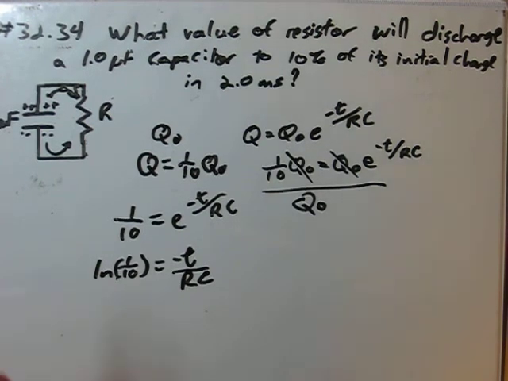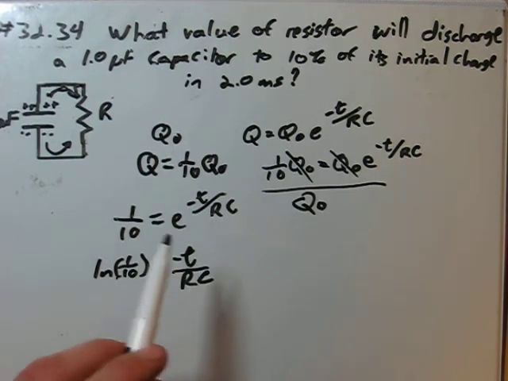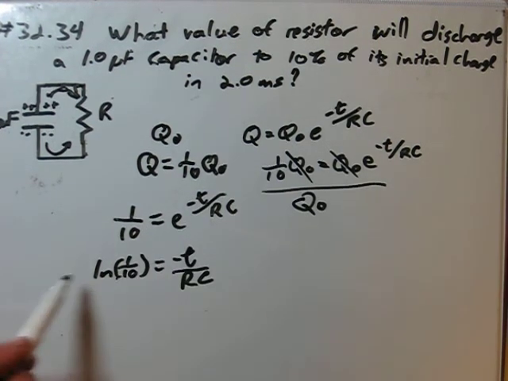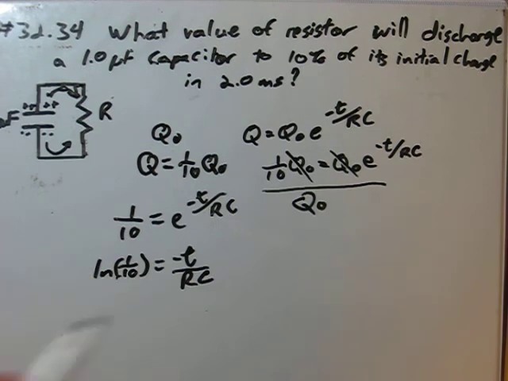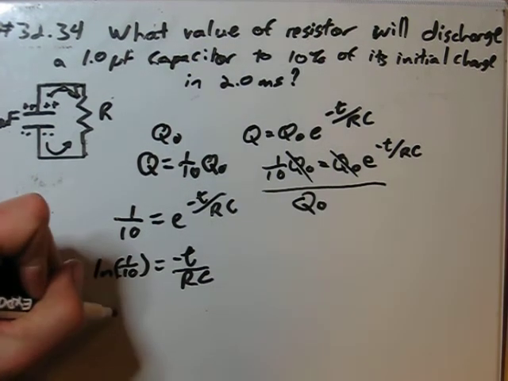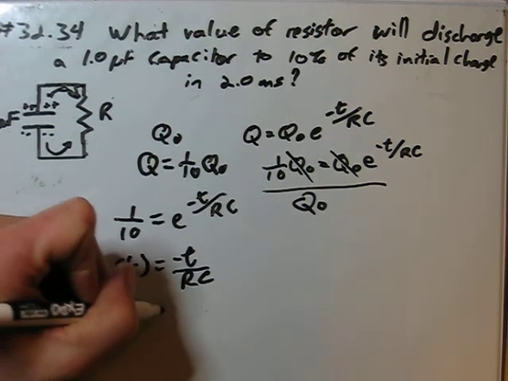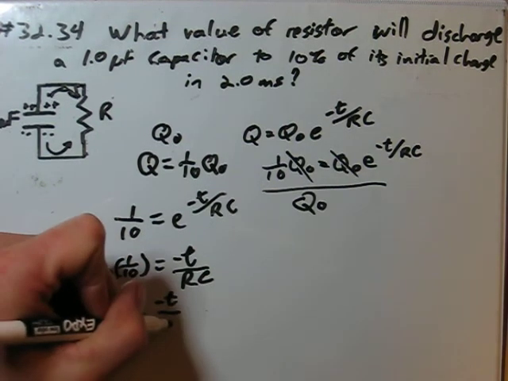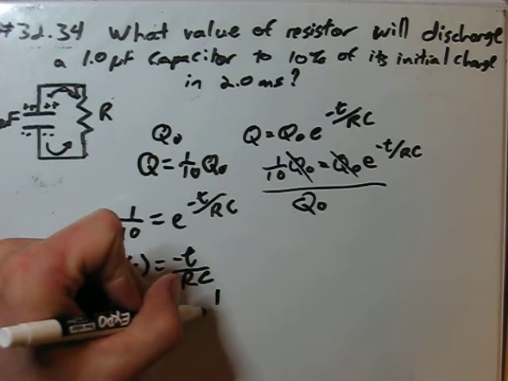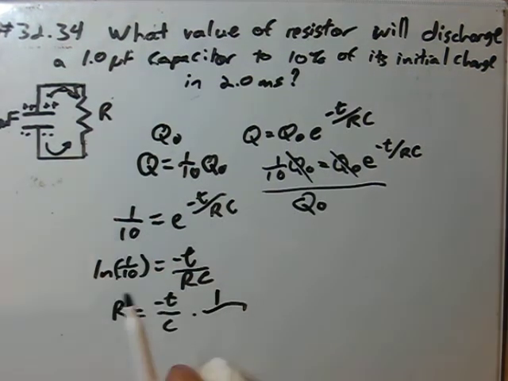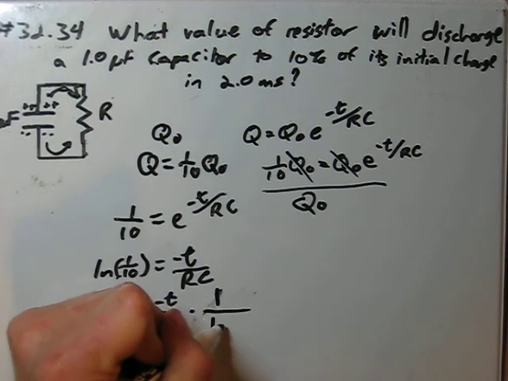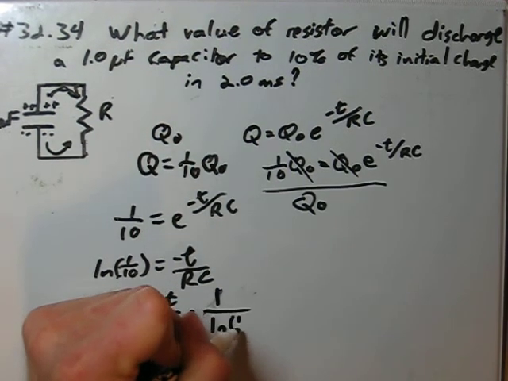We know T, which is our 2 milliseconds, we know C. We can multiply both sides by R and divide both sides by this natural log, and you end up with R equals negative T over C times 1 over the natural log of 1/10. I need to work on drawing my fractions.